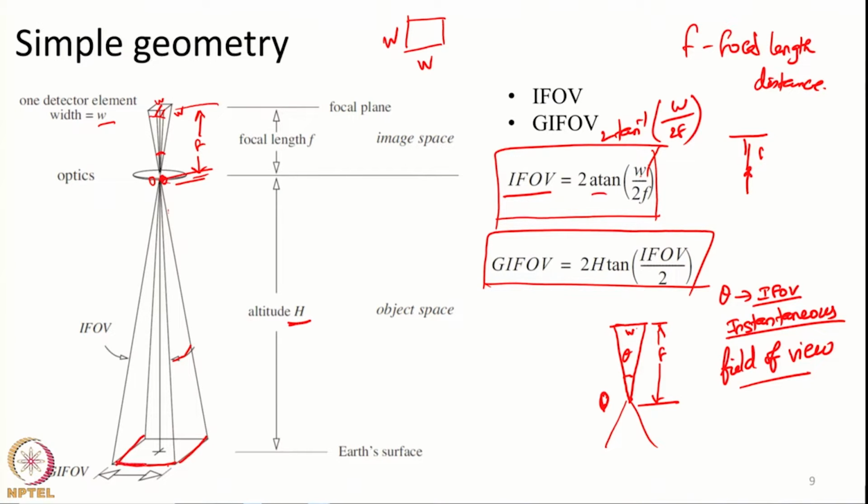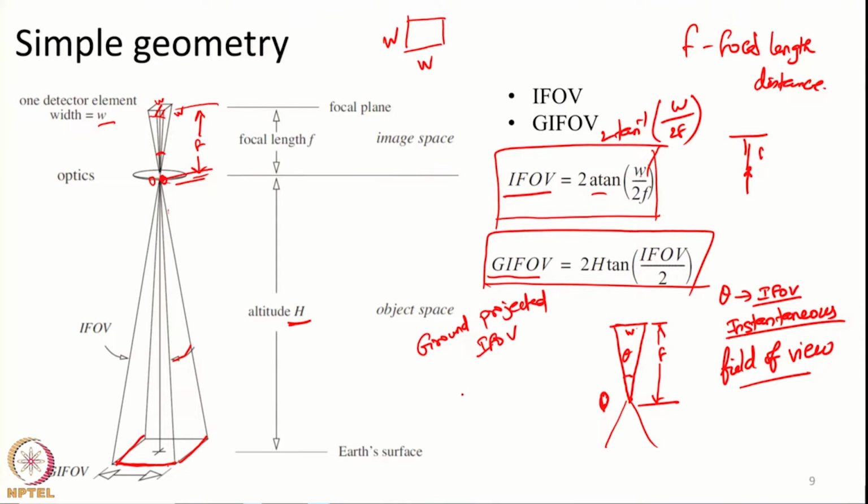This ground coverage provided by each detector element is known as GIFOV, ground projected IFOV, that is, ground projected instantaneous field of view.